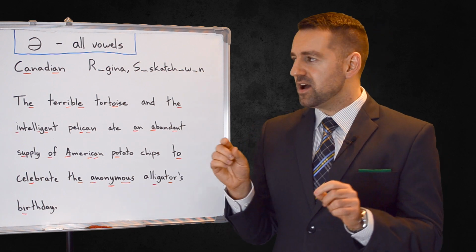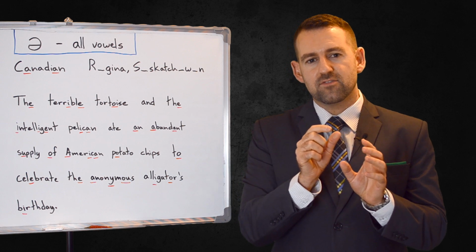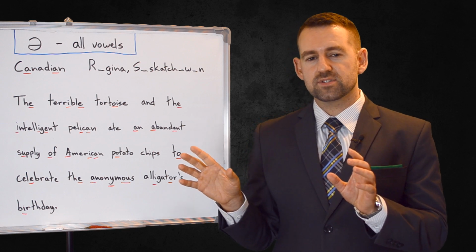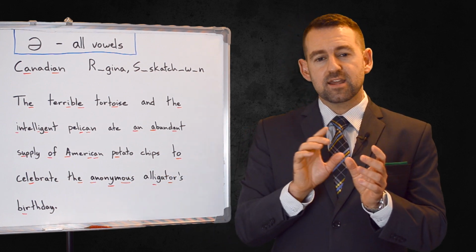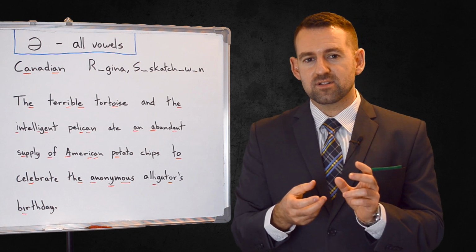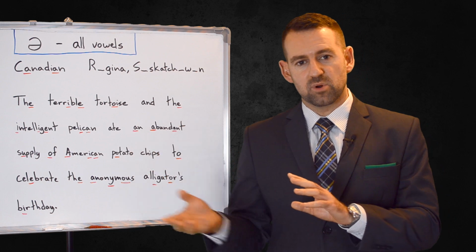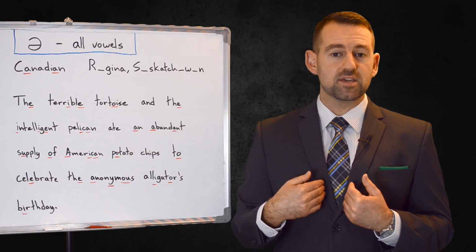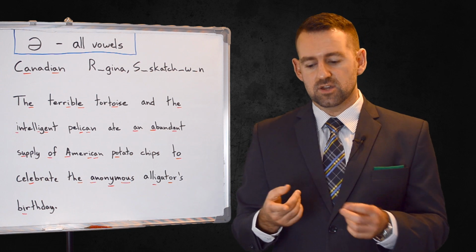But this sound, the schwa sound, takes the place of all the vowel sounds that I've taught you so far, usually in a word with an unstressed syllable. Okay, so so far I've taught you all the vowels that I use when I speak English and that other native English speakers use.